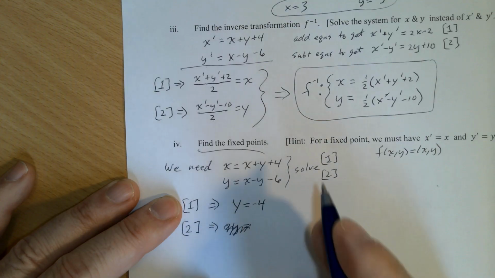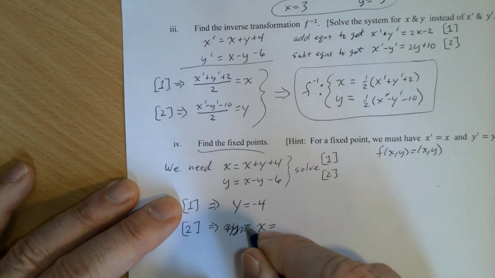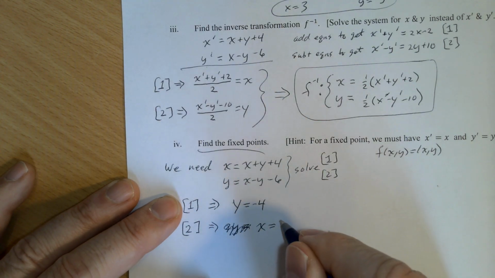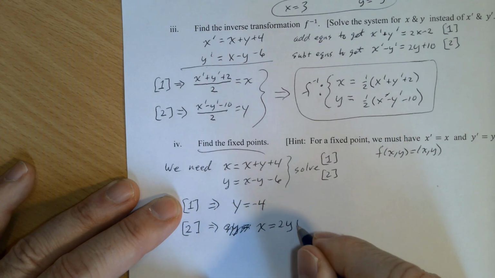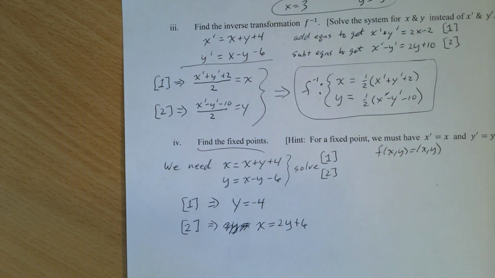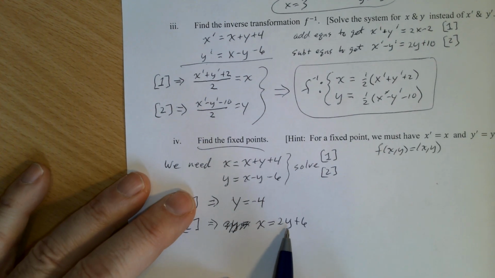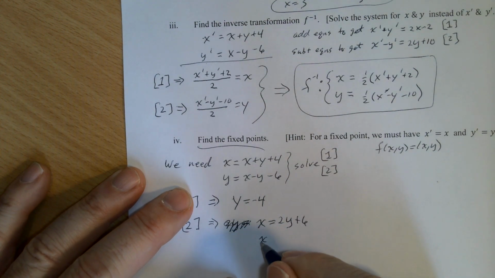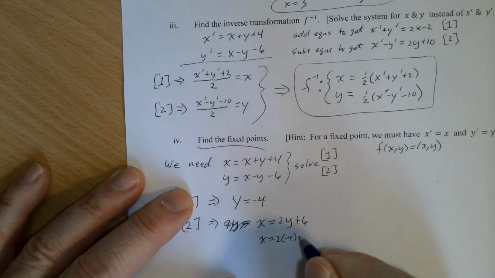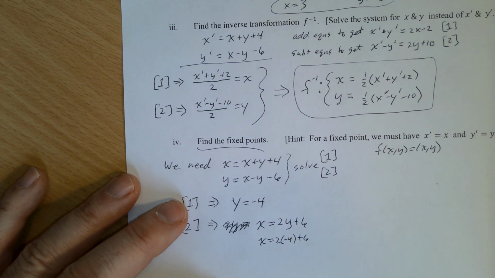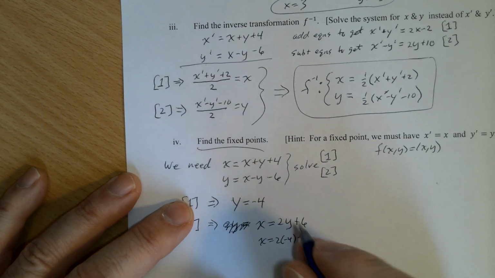So if I want x by itself, I have to add y to the other side, 2y, and I add 6 to the other side as well. And now we know that y is negative 4, so x is equal to 2 times negative 4 plus 6. That's going to be a negative 8 plus 6 is negative 2.